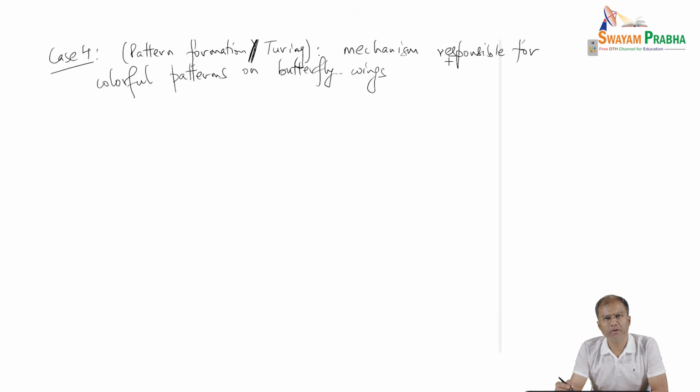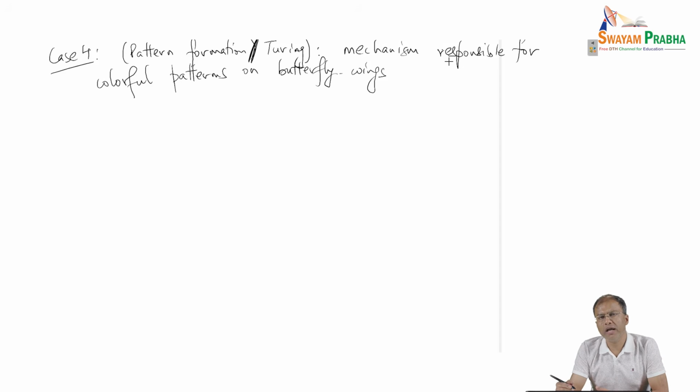Turing was the first person who was able to identify this mechanism and formalize it in the form of a set of coupled partial differential equations. Now, the solution is quite complicated.